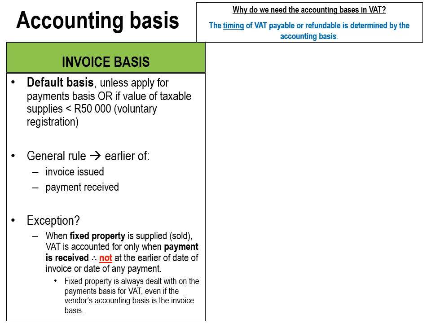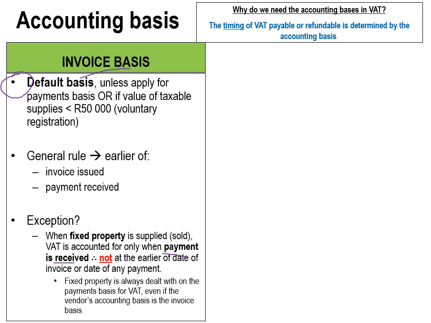The exception to this, excluding those exceptions that I mentioned over here when we spoke about the default basis, is fixed property. Now, when fixed property is supplied, in other words sold, VAT is accounted for, even if the vendor is registered on the invoice basis, when payment is received or when payment is made.